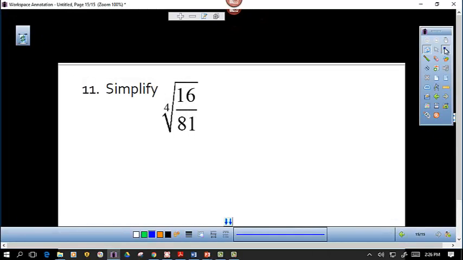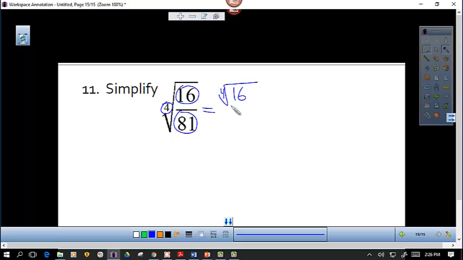In this case, you're looking for fourths. Your index is 4, so you're looking for groups of 4. Well, 16 and 81, you want to simplify in terms of 16 and 81 first, if you can. These don't have anything nice that go into it, so what you can do is use that rule to say that you have the 4th root at the top and the 4th root at the bottom. So 16 actually has a perfect 4th root, because 16 is 2 times 2 times 2 times 2.